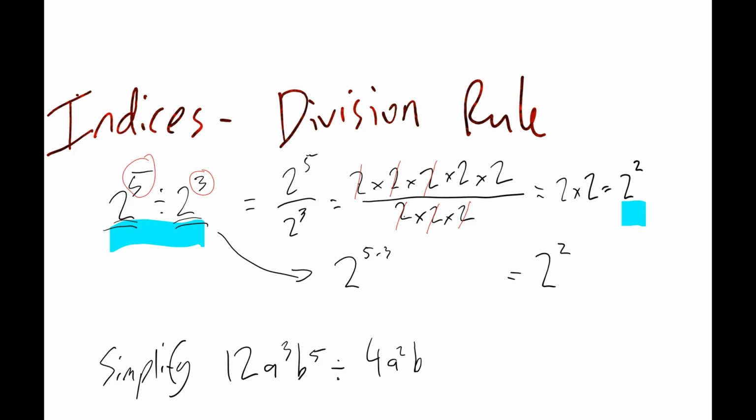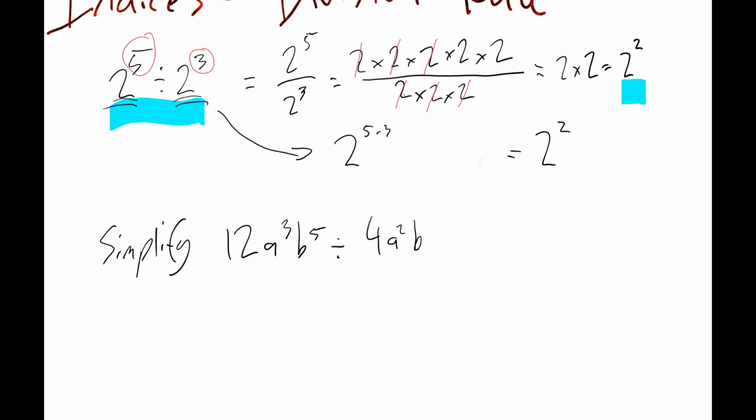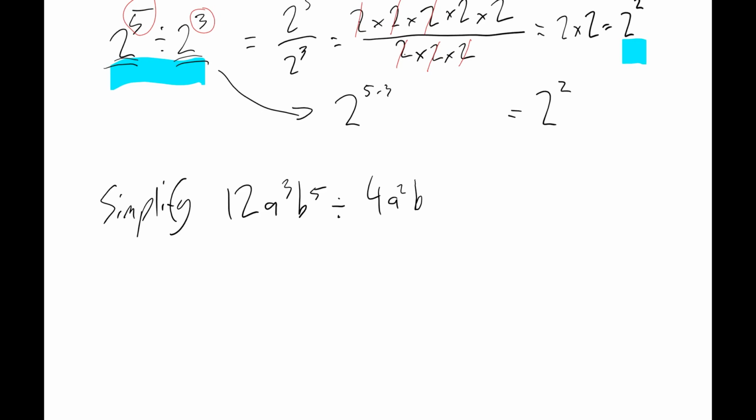So let's take a look at a more difficult problem. We've got: simplify 12a cubed b to the power of 5 divided by 4a squared b. Well, let's do our numbers first. We've got a 12 and we've got a 4. 12 divided by 4 is 3.